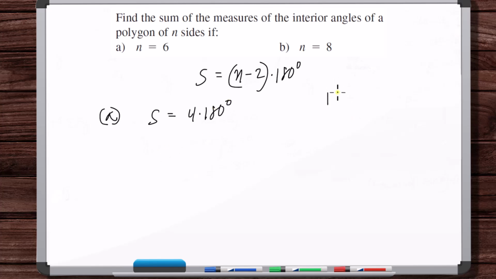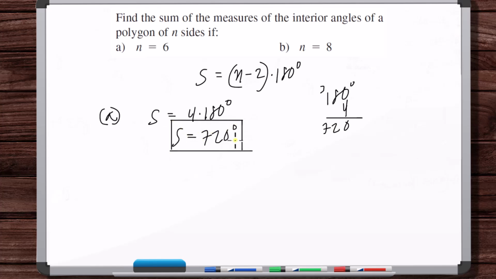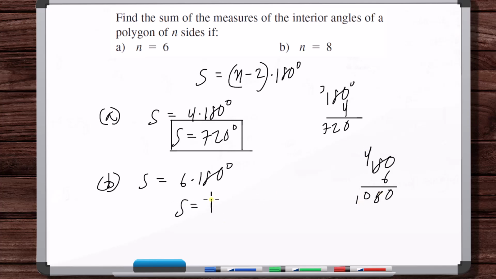So 180 times 4 is 720. So S is equal to 720 degrees. Okay, if n is equal to 8, then you've got 6 times 180 degrees. 8 times 6 is 48, so S is 1,080 degrees.